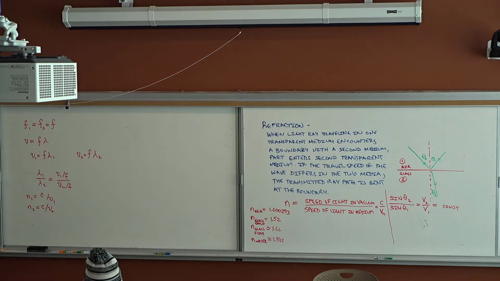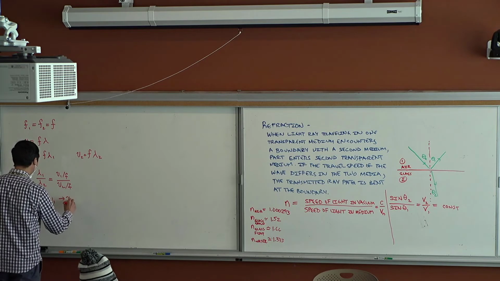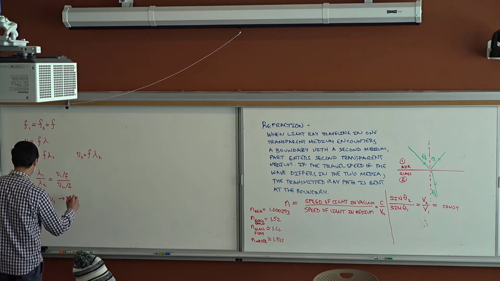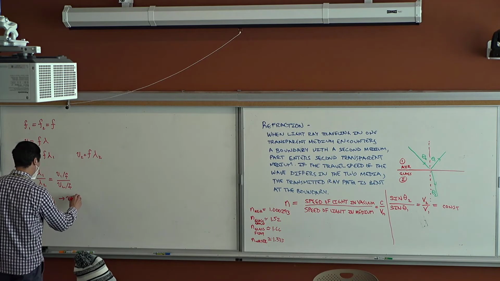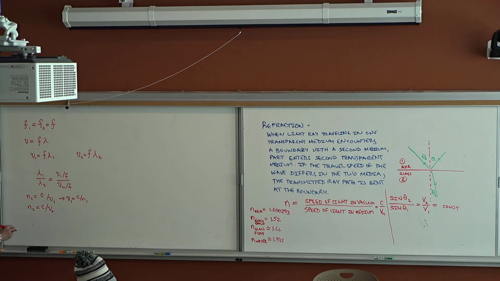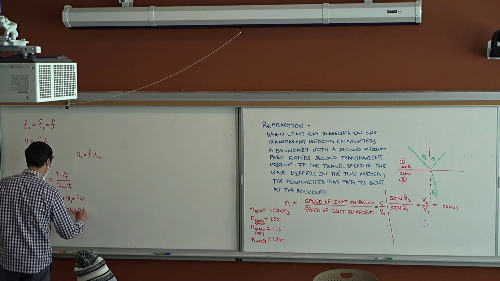And so we can say that v1 is c over n1, and that v2 is c over n2.